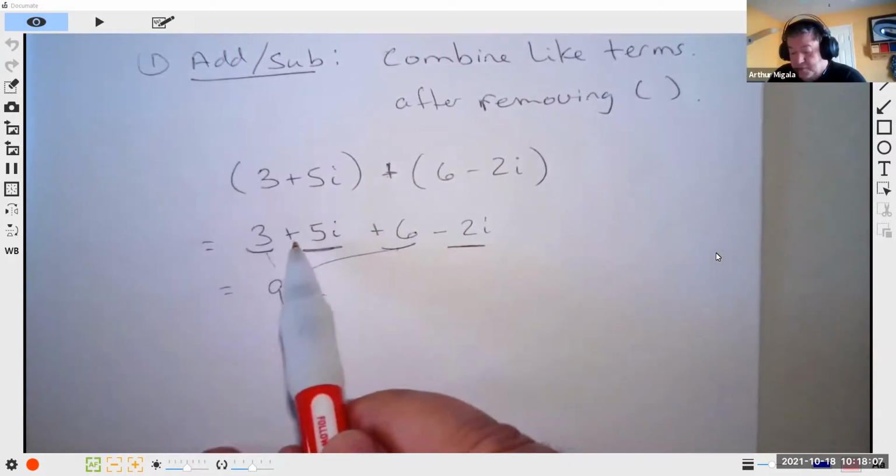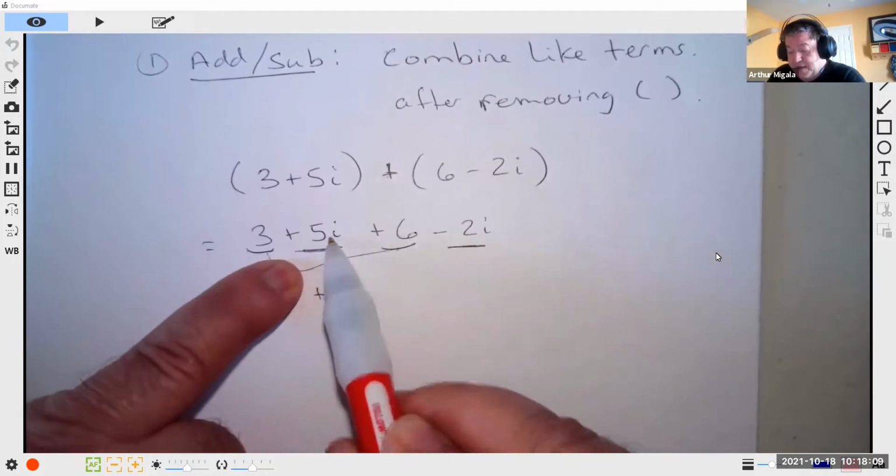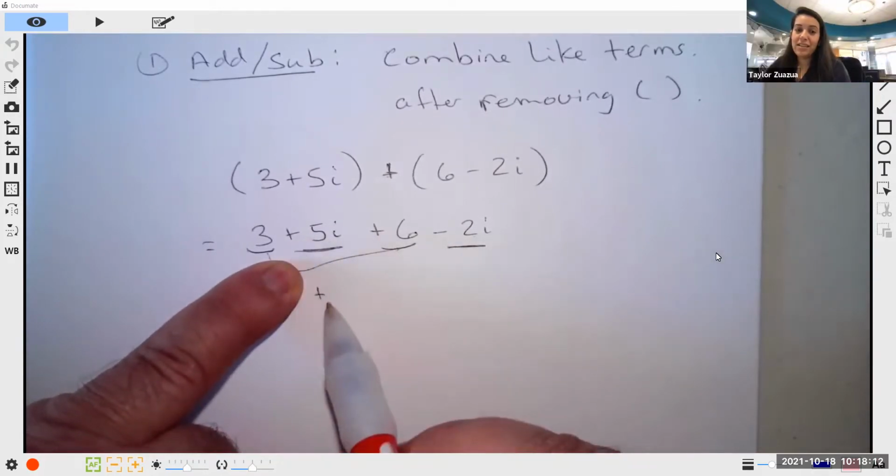Well, because you have opposite signs, 5 is bigger than 2 and 5 is positive. That's why.